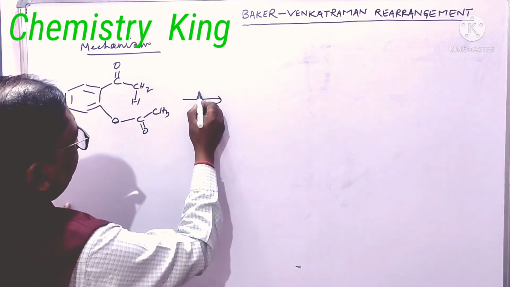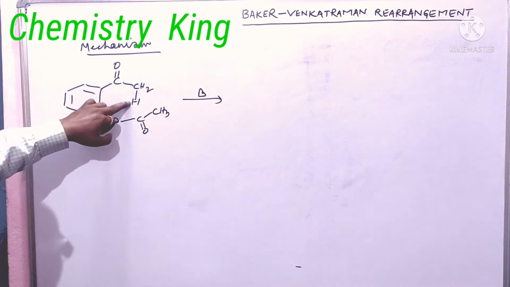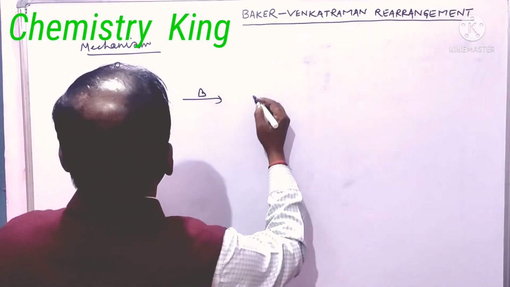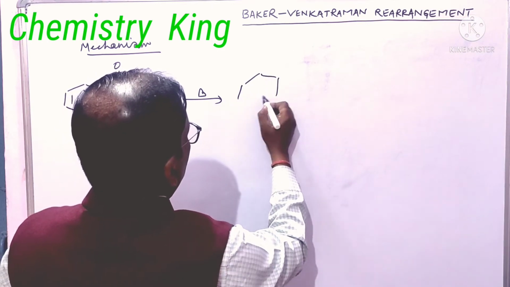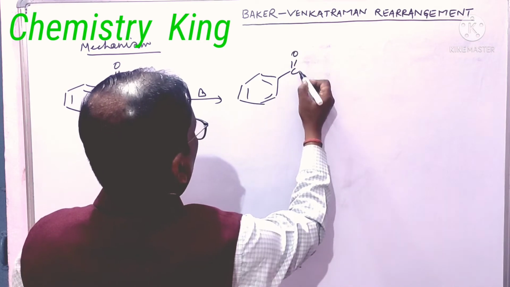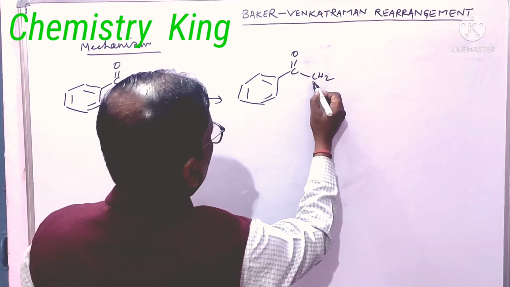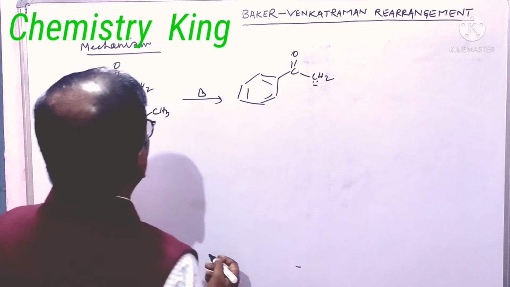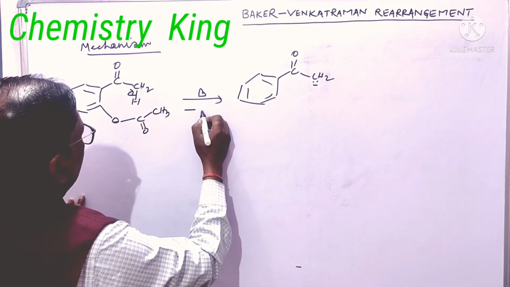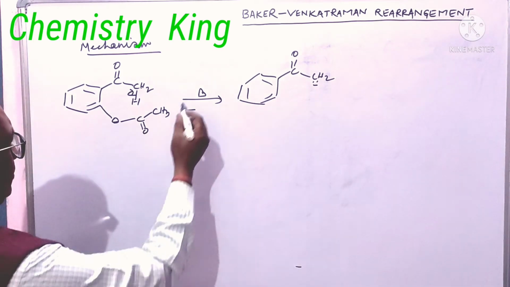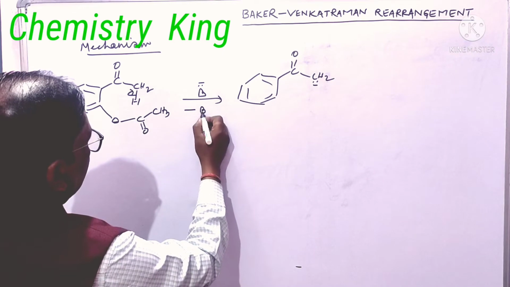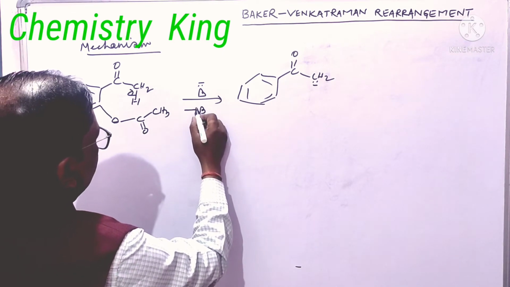This base will abstract this hydrogen, giving C double bond O, CH2 minus, with elimination of BH. Suppose it is base and you will get HB.